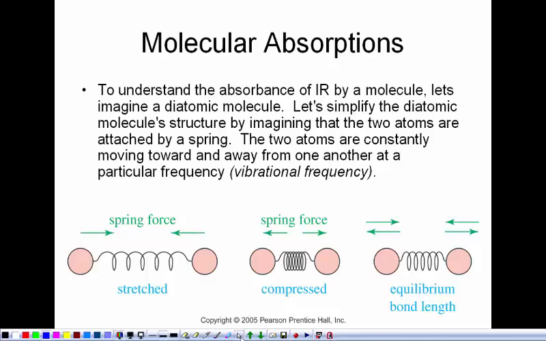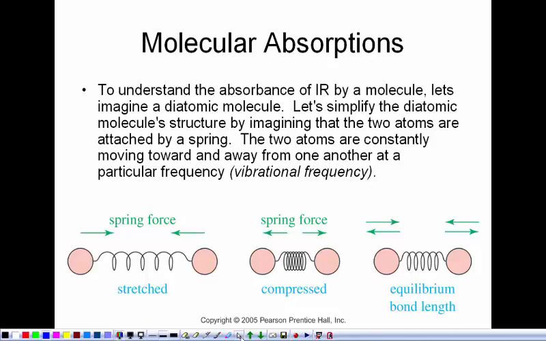Unless the molecule is at absolute zero, the molecule is going to vibrate back and forth as if it was attached by a spring. That molecular vibration occurs in the infrared frequency. In other words, infrared light has the exact same frequency as that vibration. So that when the molecule gets hit with infrared radiation of that exact frequency, it absorbs it, and we see a peak on our spectrum. If the frequency doesn't match up with the vibrational frequency, no absorption.